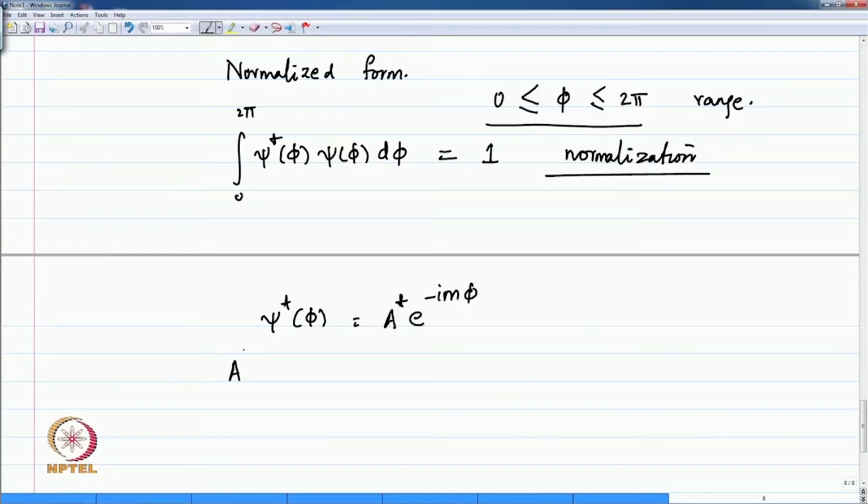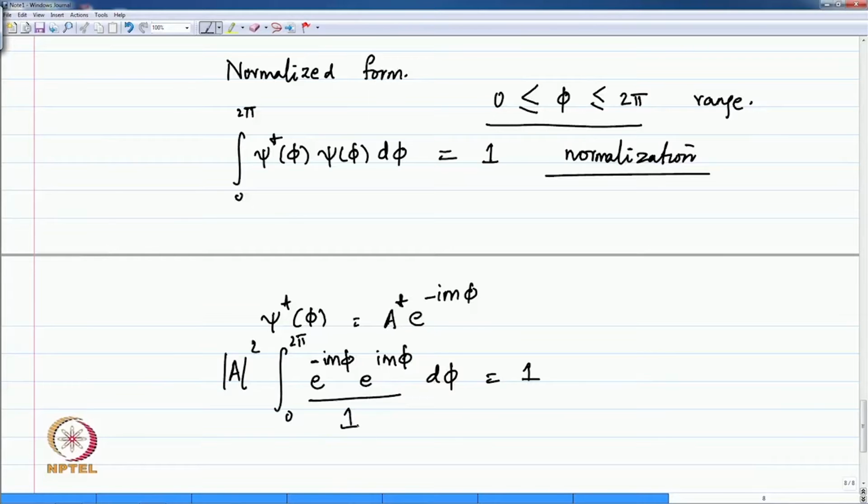Therefore, the integral is the absolute value of a squared, between 0 to 2 pi, e to the minus i m phi e to the i m phi d phi, that is equal to 1, and this product is of course 1. Therefore, you have the absolute value of a squared times 2 pi equal to 1, because the integral of 1 d phi between 0 and 2 pi is of course 2 pi.